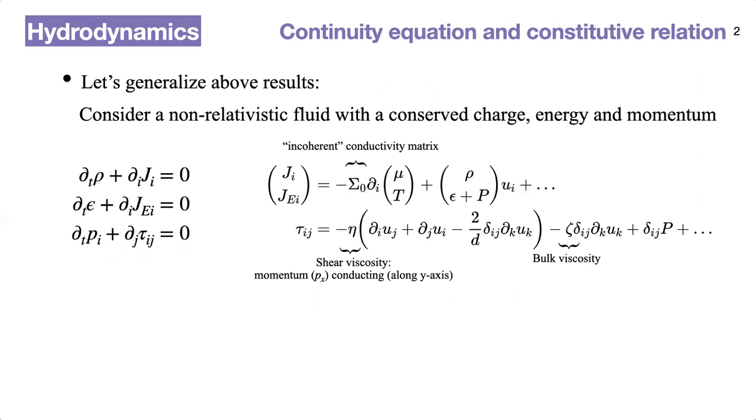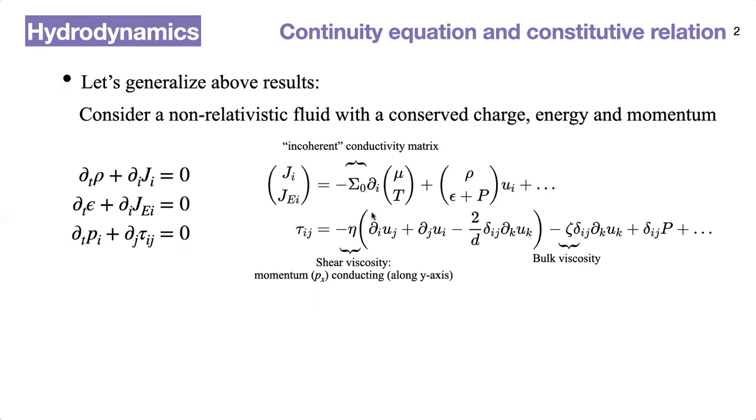If we want to generalize the above results to the conserved charges energy and momentum, we get a continuity equation on the left-hand side, and on the right-hand side, the first order derivative expansion of the current operator. Apart from the incoherent conductivity matrix term, the rest of this equation is really the textbook Navier-Stokes equation.